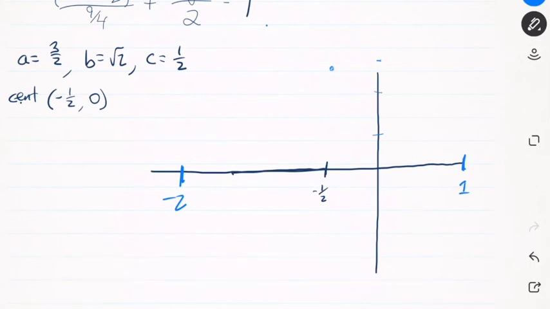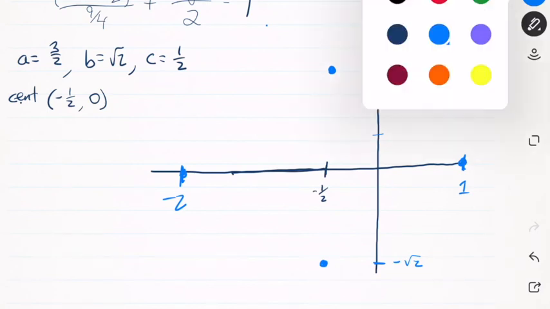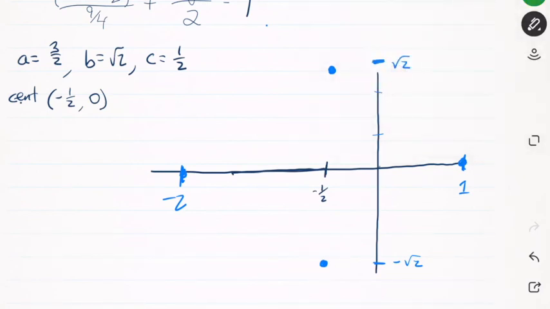So there's one point on my graph, 1.4 up and 1.4 down. So this would be negative square root of 2, and this up here would be positive square root of 2. And these are points on my ellipse. And I know one of my foci, and I'll do it in a different color. This is focus 1. And this distance is a half, so my other focus is going to happen at negative 1.